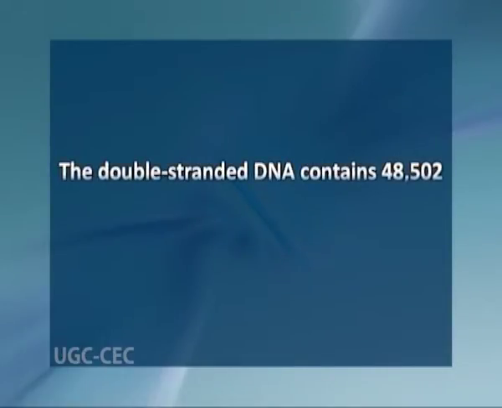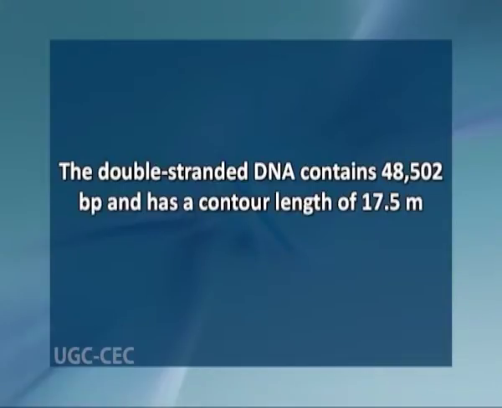This double-stranded DNA contains 48,502 base pairs and has a contour length of 17.5 micrometers. Bacteriophage φX174 is an example of a smaller DNA virus. Although viral genomes are small, the contour lengths of their DNAs are typically hundreds of times longer than the long dimensions of the viral particles that contain them.